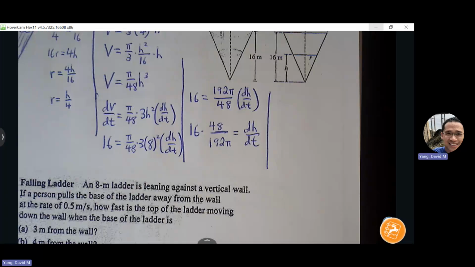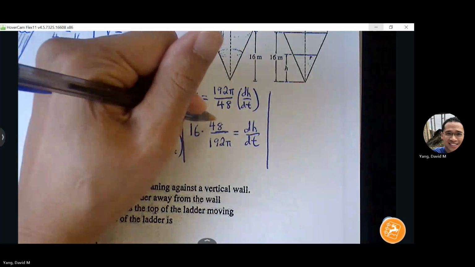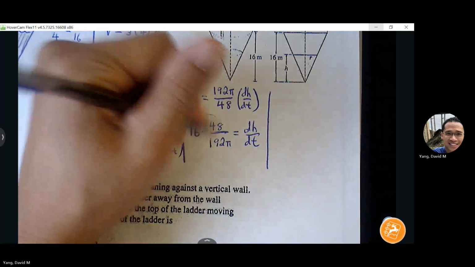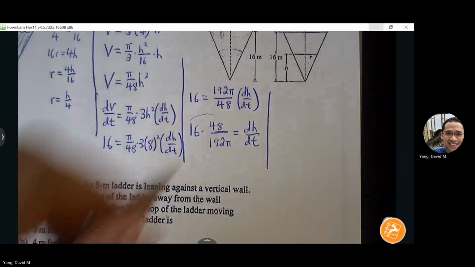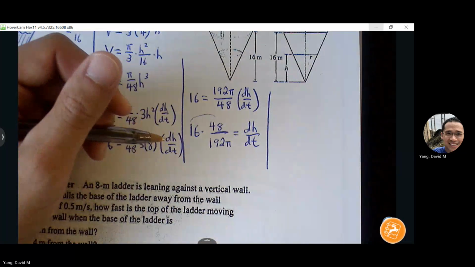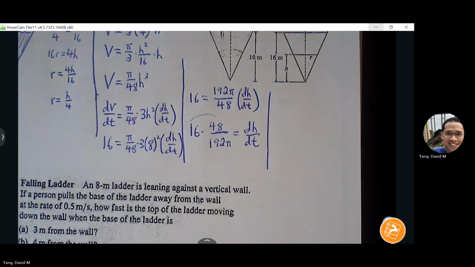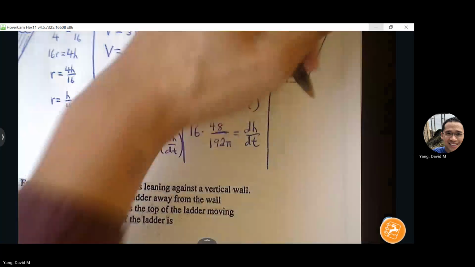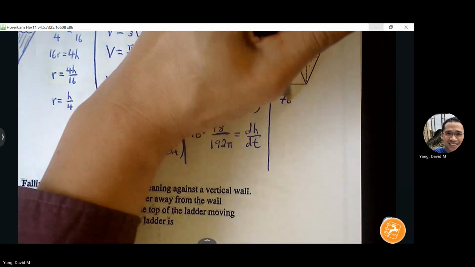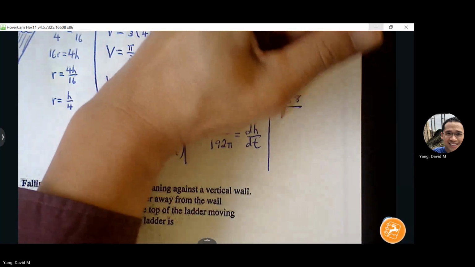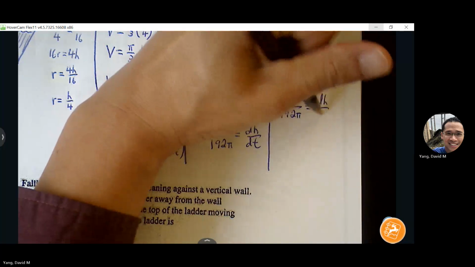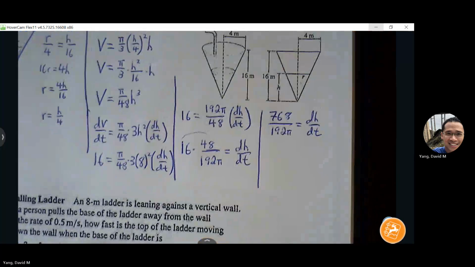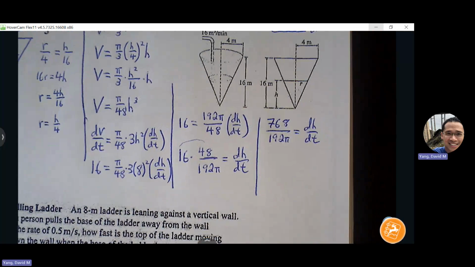So what's my answer here? Which part? Are you just simplifying?